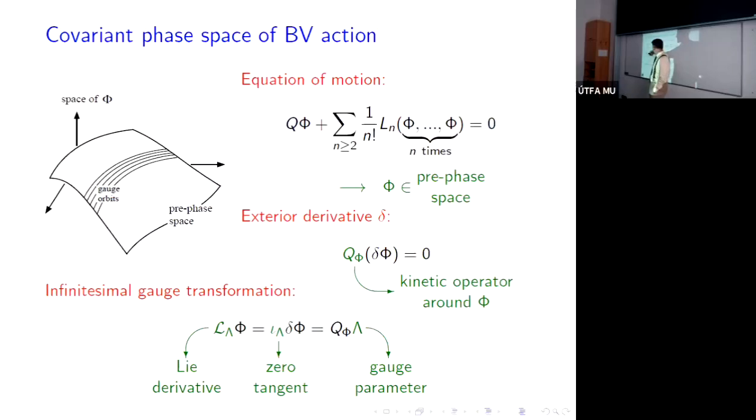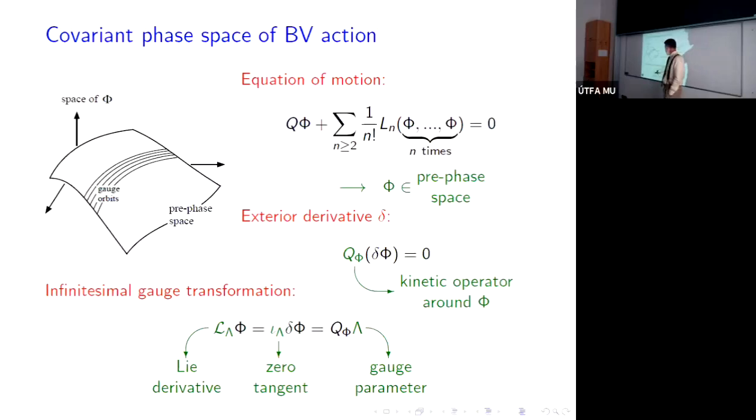The pre-phase space in general will also be foliated by gauge orbits. There will be classical solutions which are gauge equivalent, and these gauge orbits are generated by vector fields, which we denote as lambda, which generate the gauge transformations.